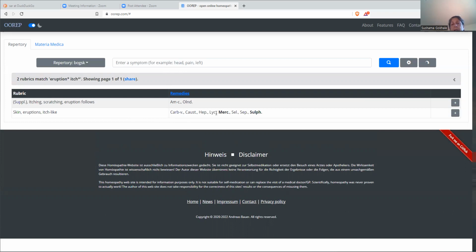Sepia, Selenium, Lycopodium, Hepar, Causticum, and Carbo vegetabilis. So this is a very concise repertory with very to-the-point symptoms. I would recommend you start with Boger's Synoptic Key if you don't have much time and want a smaller selection of remedies. Boger, let's see, urination.